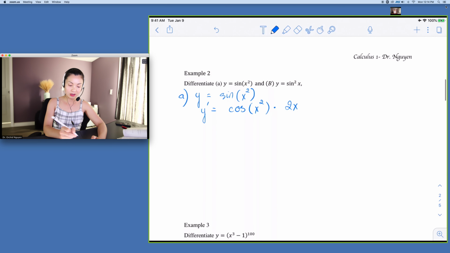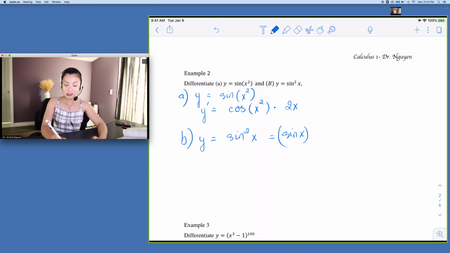Now, for part B, hopefully you recognize that the outer function is the square function, right? So if I want to take the derivative, I have to take care of the square, which is the power function. So 2 sine of x.